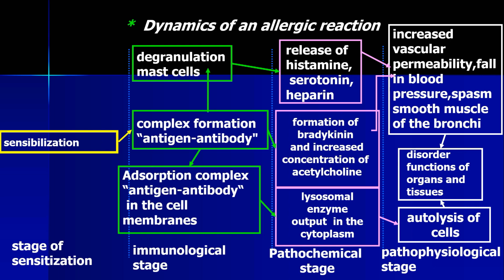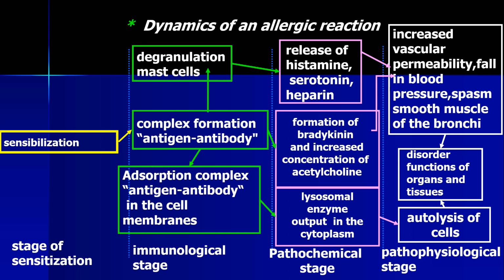And there are the stage of sensitization: the immunological stage, the pathochemical stage, and the pathophysiological stage. And there are active and passive sensitization. Active sensitization is formed when an allergen enters the organism.